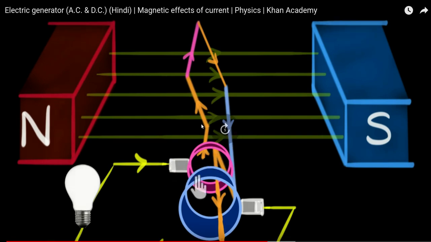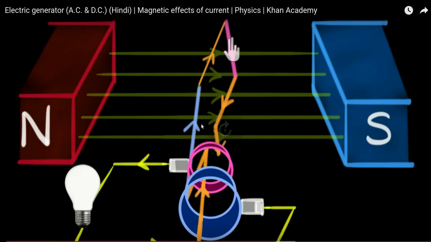Now when it rotates and comes to the other end, the other configuration, that is when the pink line is closer to the south pole, the current has to be out of the screen, that is towards you, correct? So now the current goes that way and, since the pink line is connected to the pink ring, it touches the pink ring, and from the pink ring the current flows in the opposite direction in the yellow line, as you can see in the circuit.